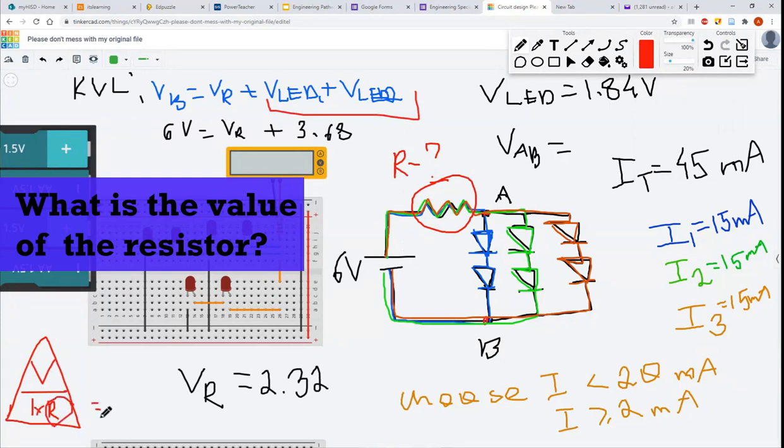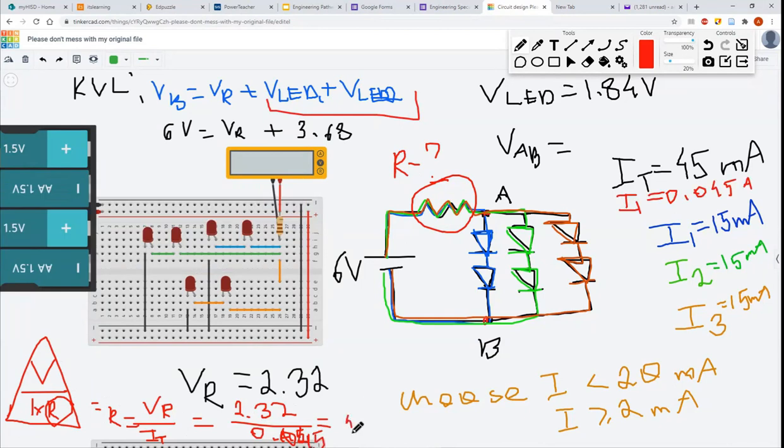So we get V over I, the voltage drop of the resistor over the current that goes through it. That's 2.32 divided by 0.045. So this is 51.6 ohms, or 52 ohms. So now we've got everything in this circuit.